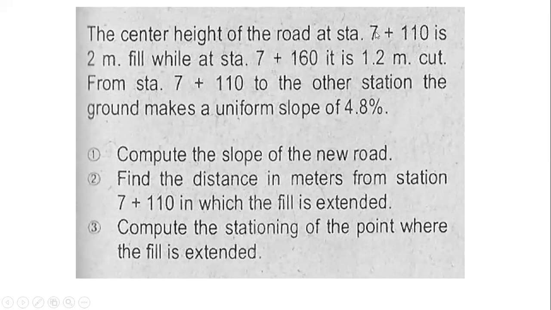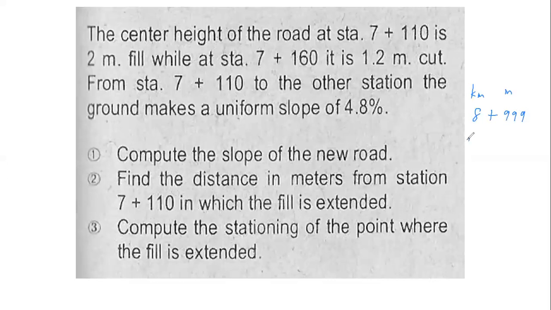For example, if our station is such that the first digit is in kilometers and the digits after the plus are in terms of meters, and the given is station 8 plus 999, the maximum here would be 999.